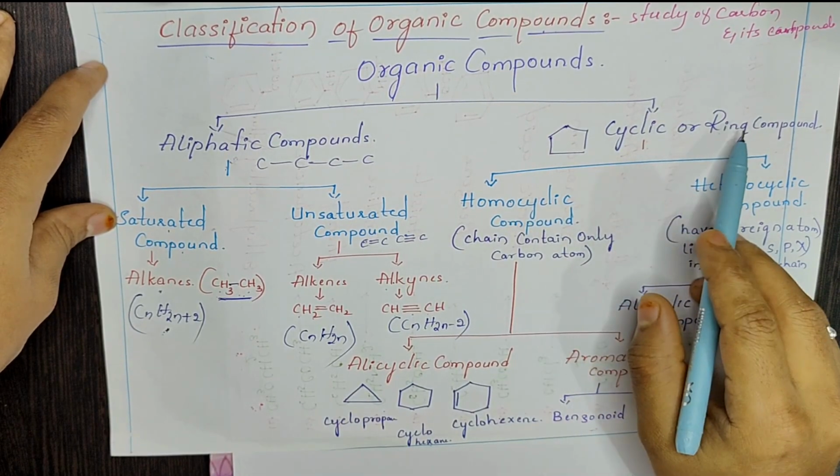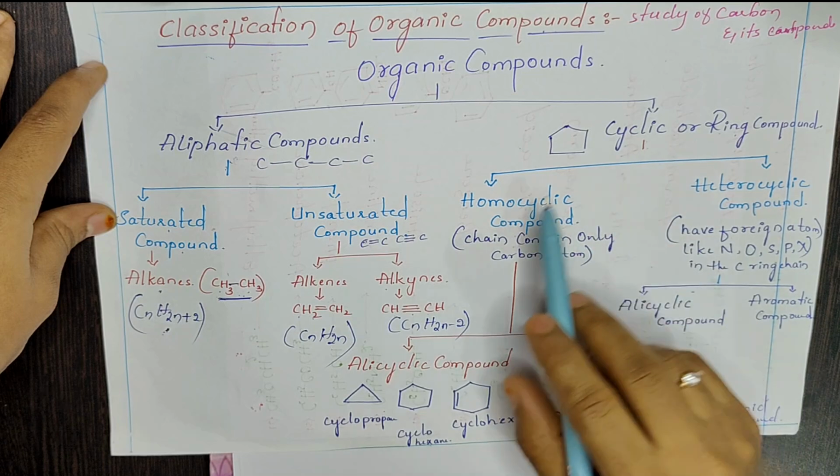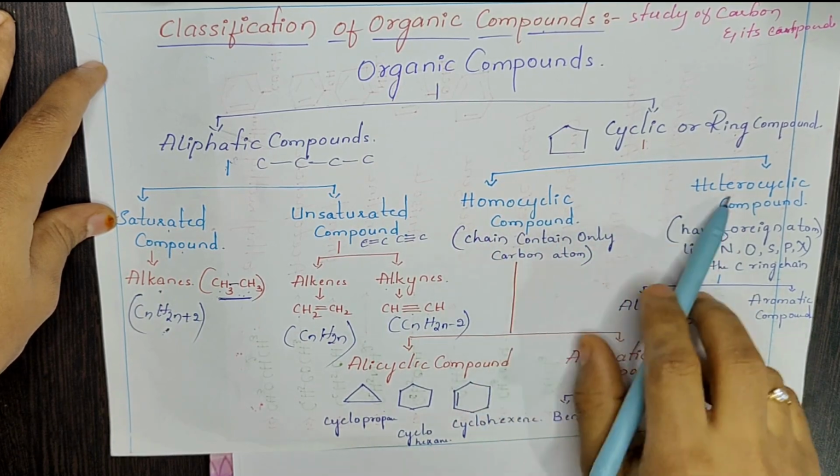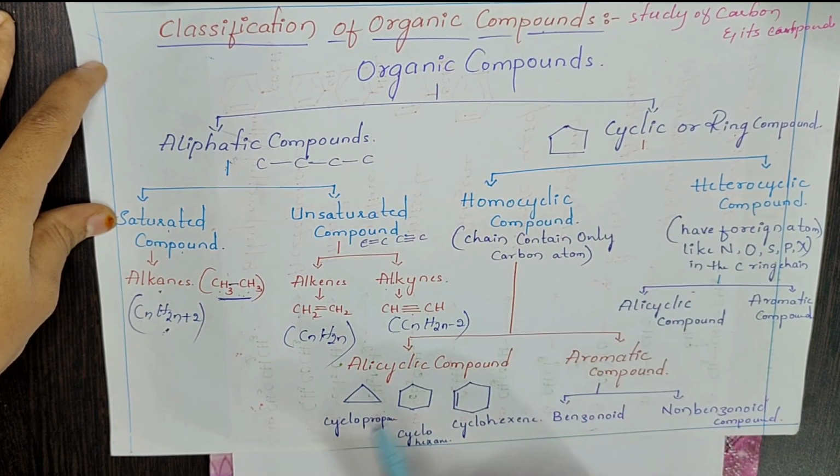Next, cyclic or ring compounds can be classified into two types, homocyclic compounds and heterocyclic compounds.